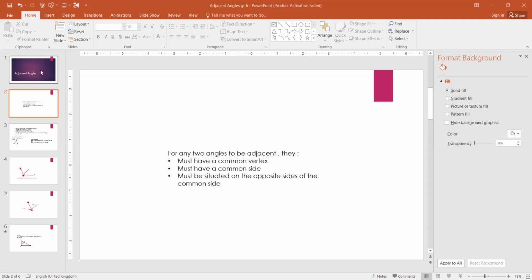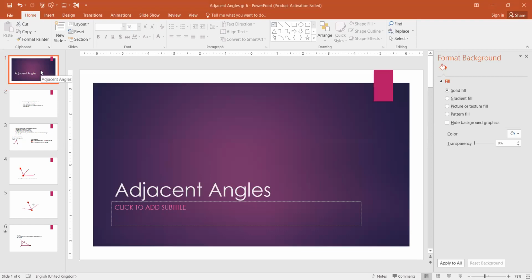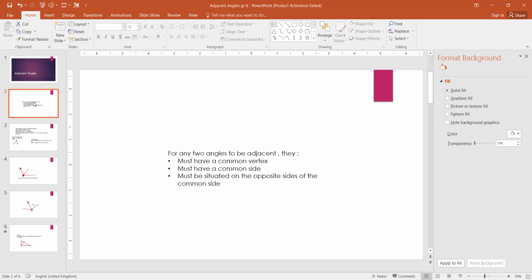Okay, so good morning. Today we're going to explain a main topic, which is adjacent angles. This is mainly covered in grade 6 and 7, and it's very important for a student to understand it.